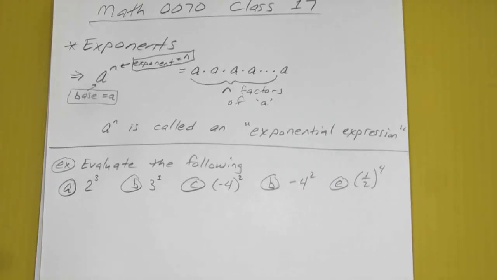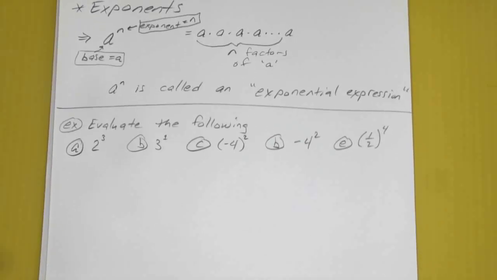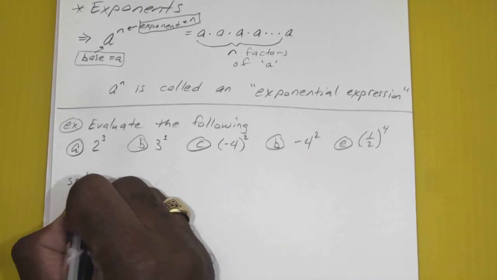Is there a reason you're putting that in parentheses? Yep, because you want the exponent to apply to the whole thing. That's what the parentheses does. It tells you that the exponent applies to the whole thing.